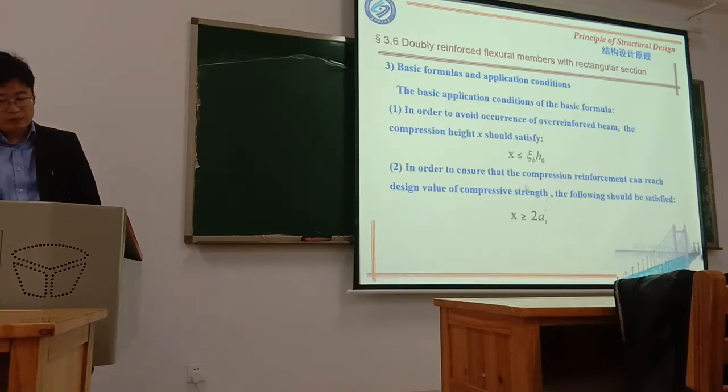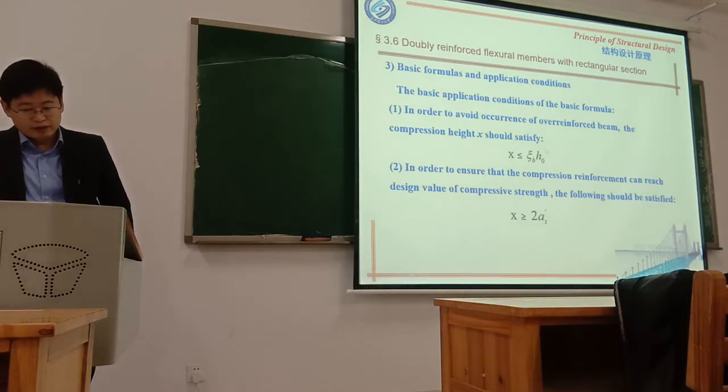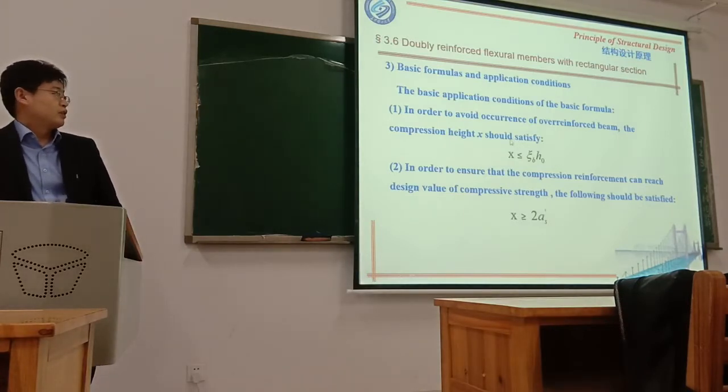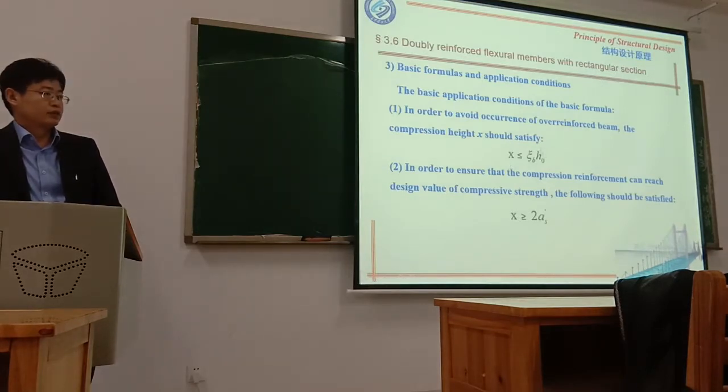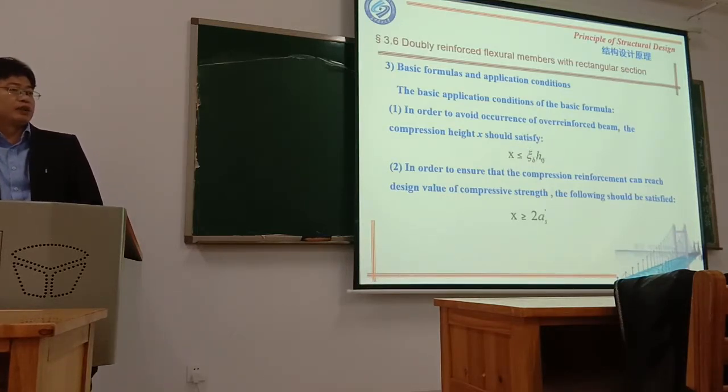And for this double reinforcement beam, we have the same requirement for X, smaller than CBH0, the same as the single reinforcement beam. CBH0 is the boundary condition.